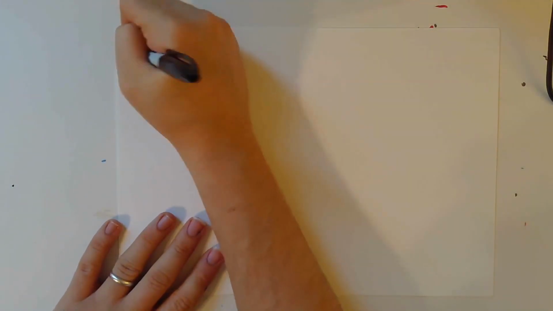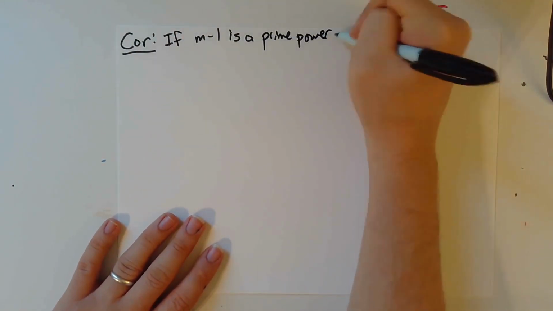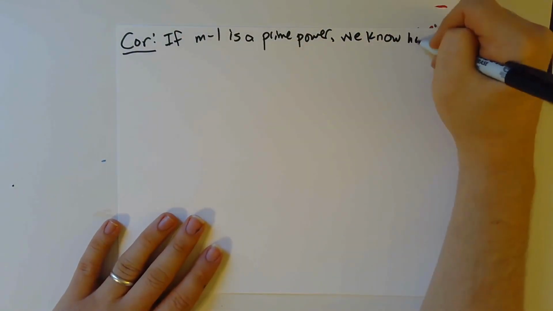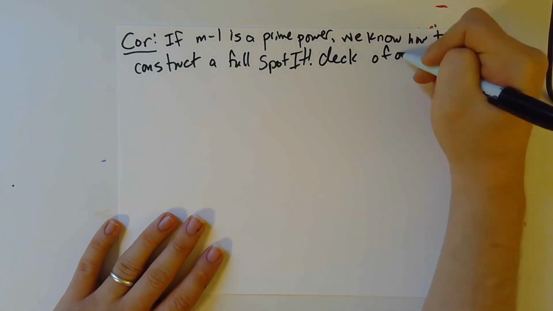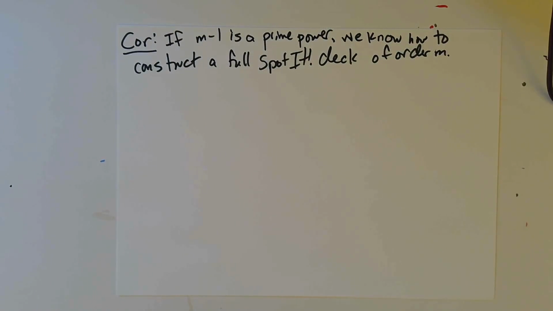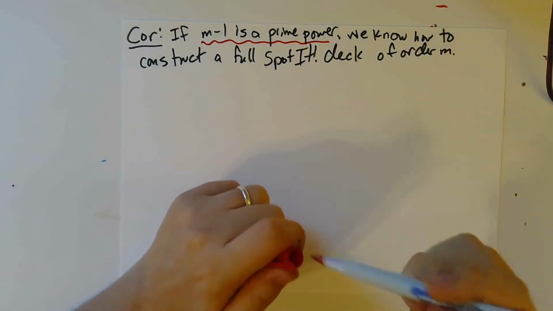And so a corollary of everything we have done so far is that if M-1 is a prime power, we know how to construct a full Spot-It deck of order M. And just to remind you, because there's lots and lots of things flying around here, where does this M-1 as a prime power business come from?